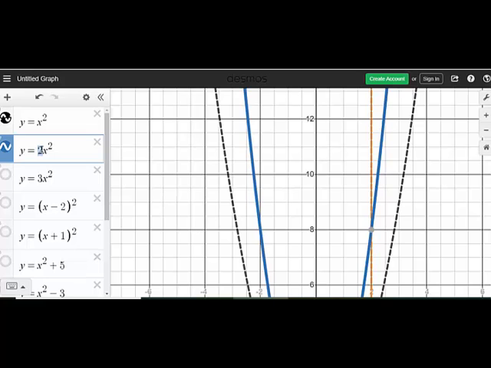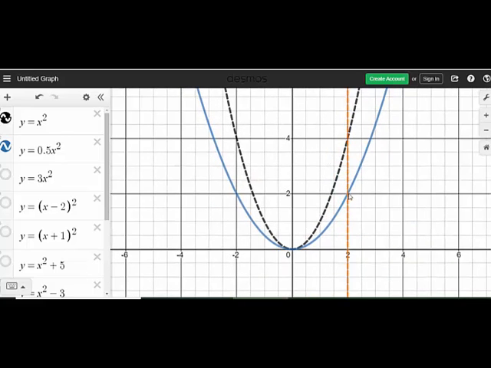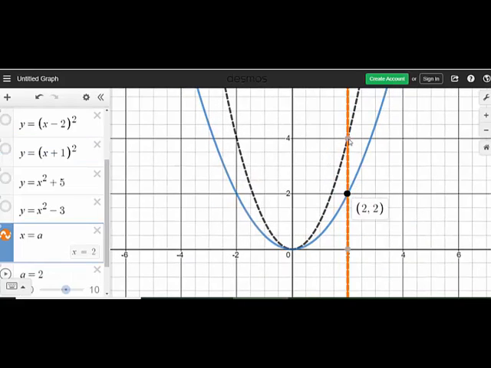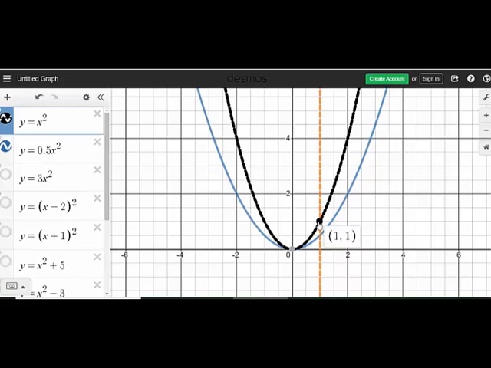So if I change this up a little bit, make it 0.5, you see that the graph now is compressed. It's pushed down so that the point that was 2, 4 has been pressed down to the point 2, 2. The point that was 1, 1 is now pressed down to the point 1, 0.5.